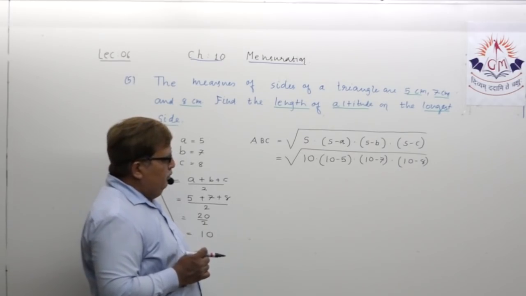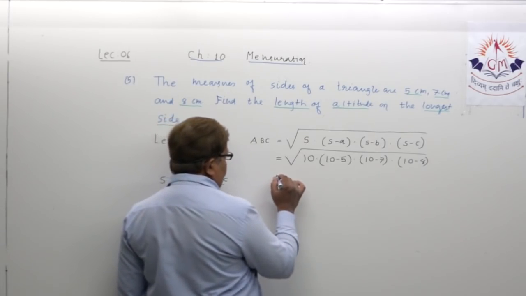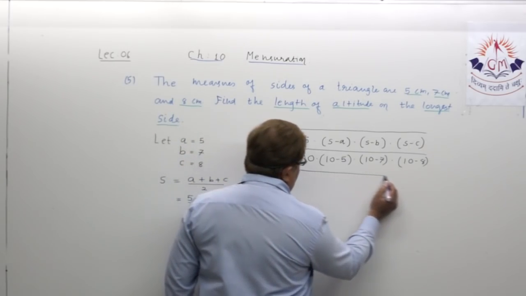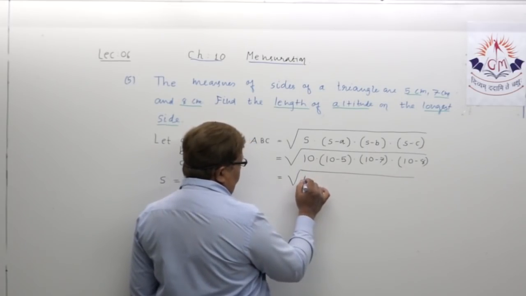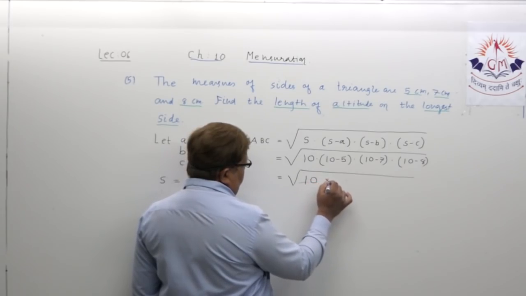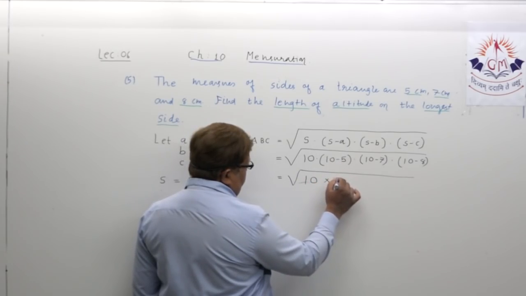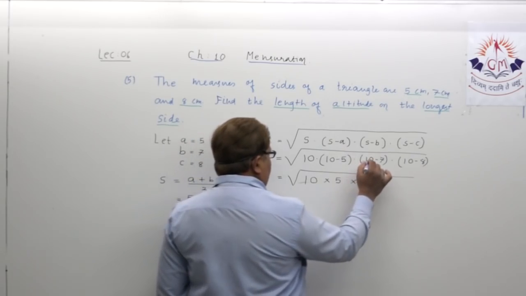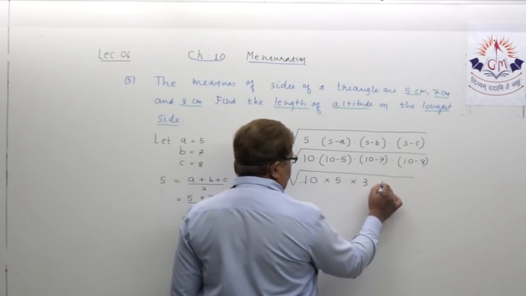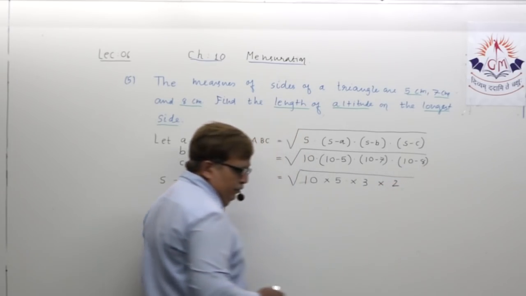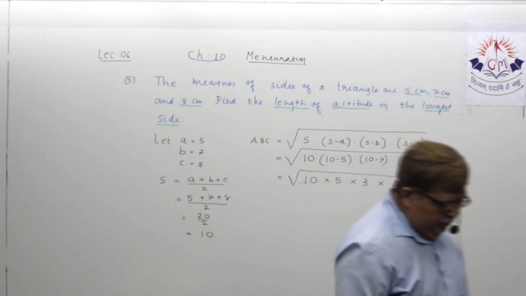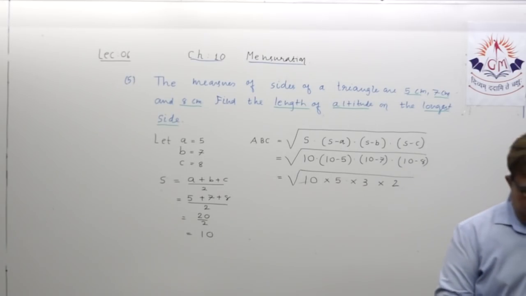After substituting the values, let us simplify them. Okay. This is 10. 10 minus 5, that is 5. 10 minus 7, that is 3. 10 minus 8, that is 2. First you understand what we have written here.